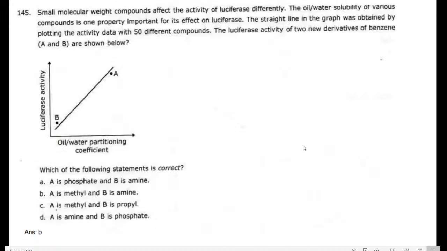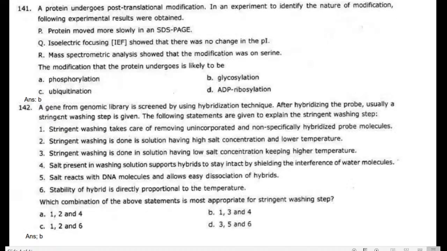Okay, next, a gene from a genomic library. This is all about genetic material. A gene from a genomic library is screened by using the hybridization technique. After hybridizing the probe, usually a stringent washing step is given.